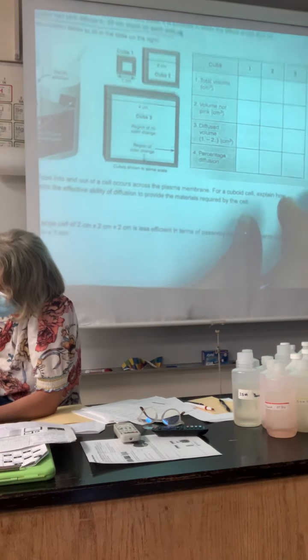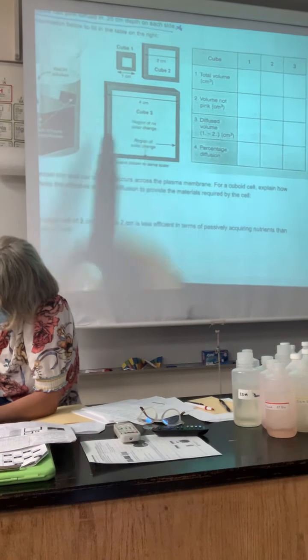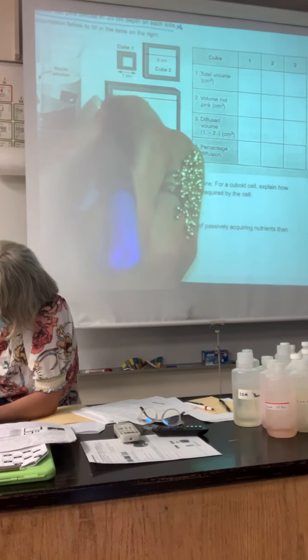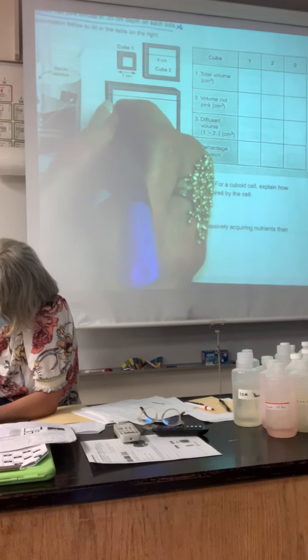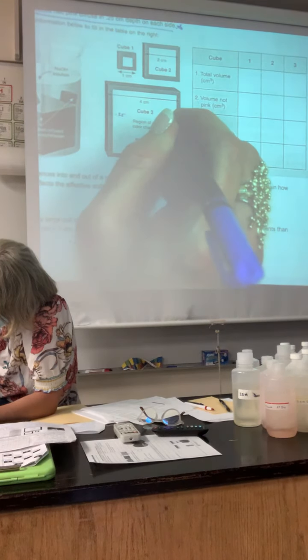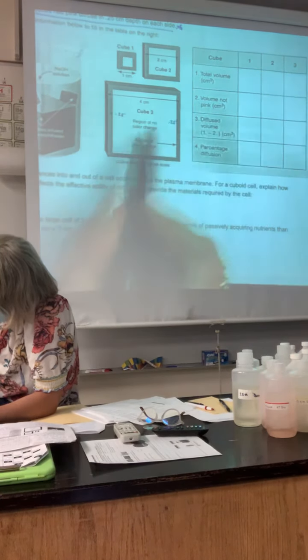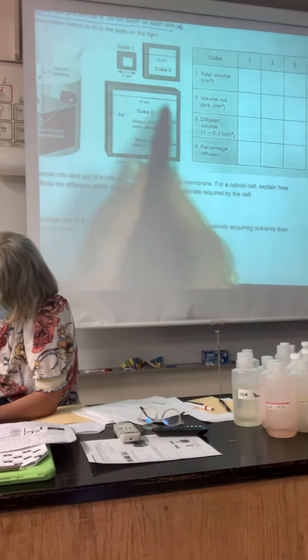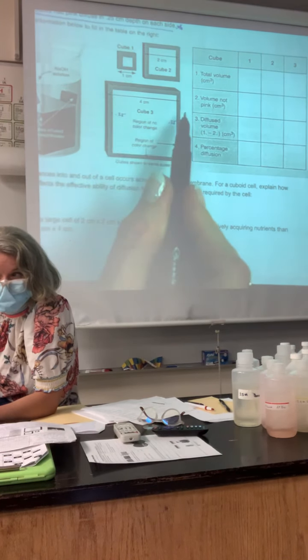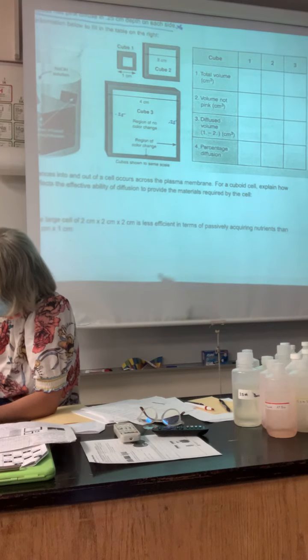Okay. So if we had pink diffusing in 0.25 from each side, remember that that will play a factor in this measurement, in case you guys are unsure.